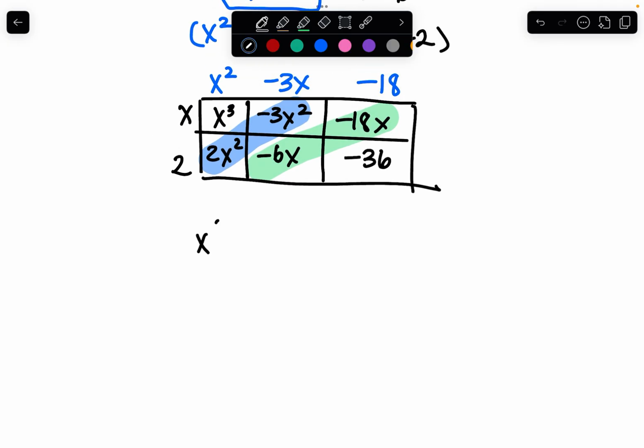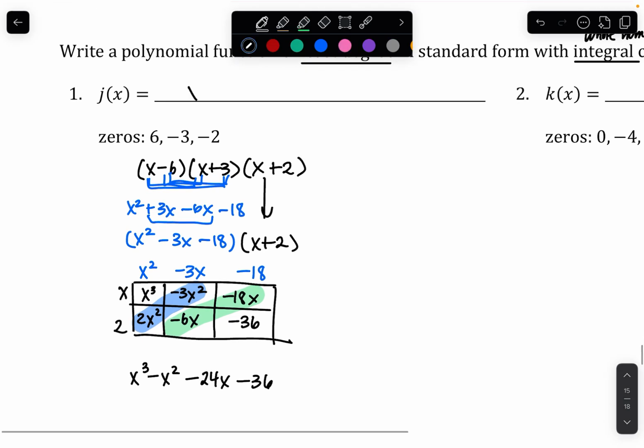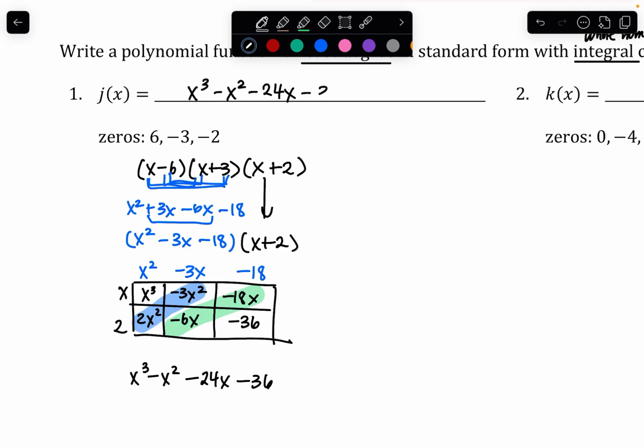So that would give me x cubed minus x squared, and then -6 and -18 is -24x, -36. So that would be our final answer. Standard form means multiply it out, no parentheses, highest exponent to lowest exponent.